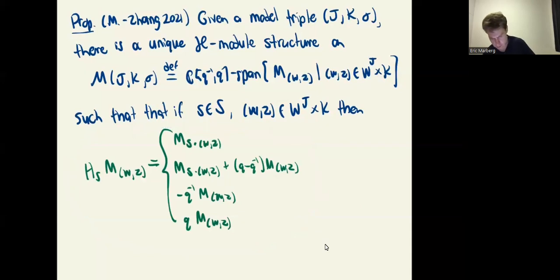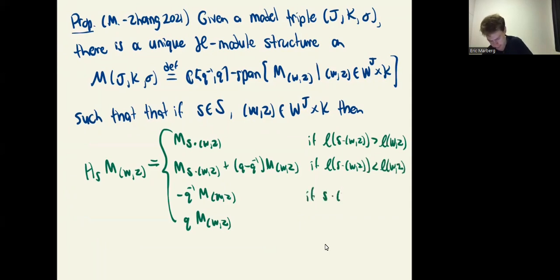And the relevant cases here are, first, if the length of this product is increased, or if the length decreases, or if it happens that s fixes this element and sigma of w inverse s w is equal to -1.